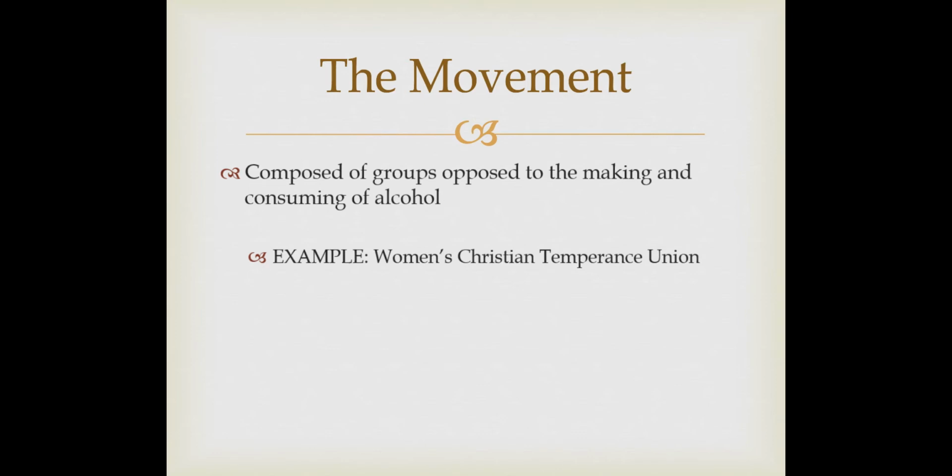For example, one of the important groups is the Women's Christian Temperance Union. Now, I think from the name, you can figure out that they were opposed to the consumption of alcohol for religious reasons, since it says Women's Christian Temperance Movement.